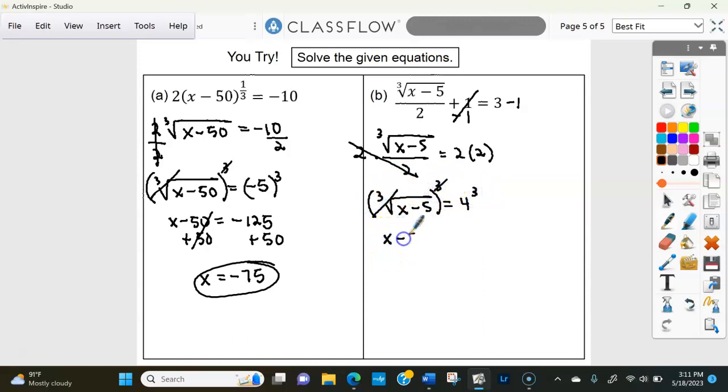So now we have x minus 5 is equal to 4 cubed, 4 times 4 times 4, which is 64. In our final step, add the 5 over, and we get our final answer of x equals 69. And that's how you solve radical equations, at least square root and cube root.